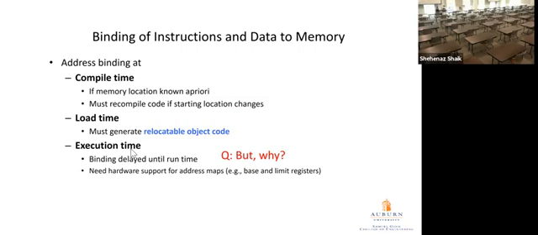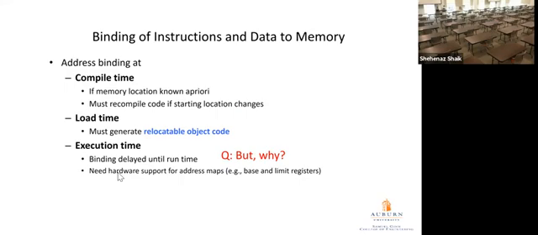So for that reason, we should be able to allocate the memory at any part of the physical memory, and if we have the corresponding mapping information available between the logical address and the physical address, the actual binding, the conversion, can happen right at the time of executing the instruction.